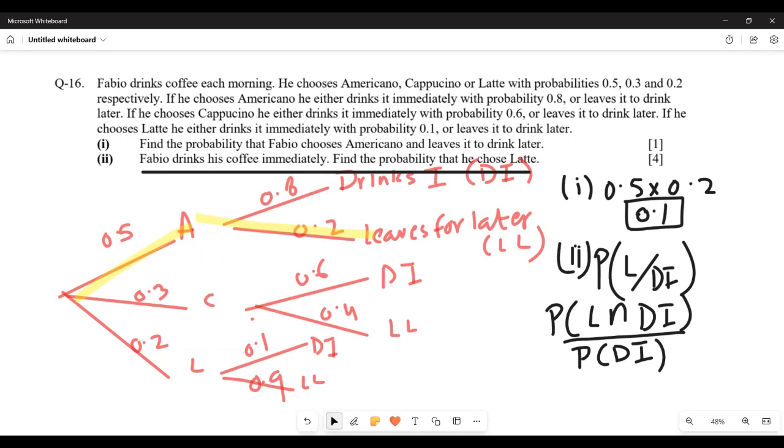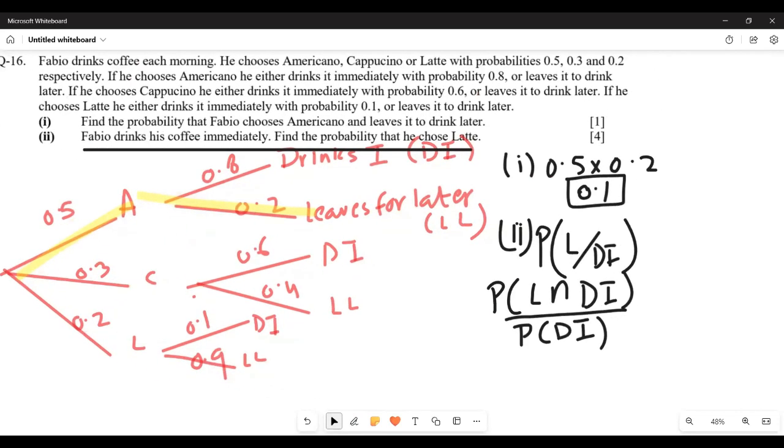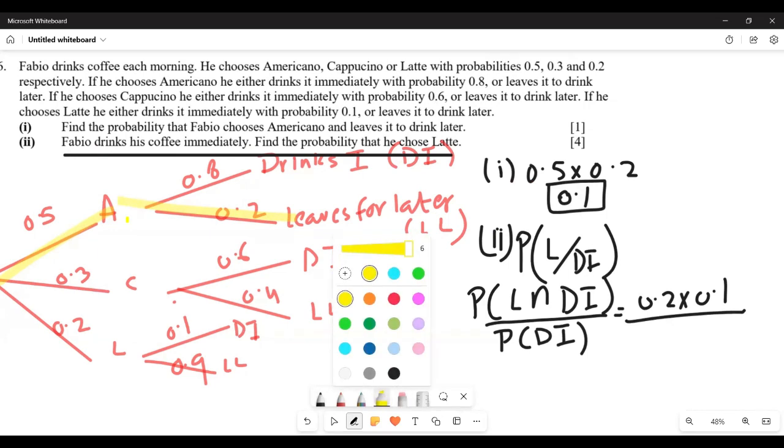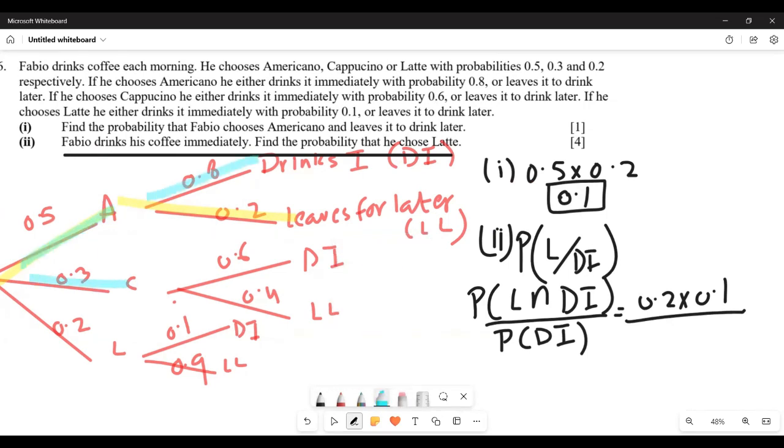Okay. So latte and immediately would be 0.2 into 0.1. Upon drinking any drink immediately would be Americano, drinking immediately, cappuccino and drinking it immediately, or latte and drinking it immediately.